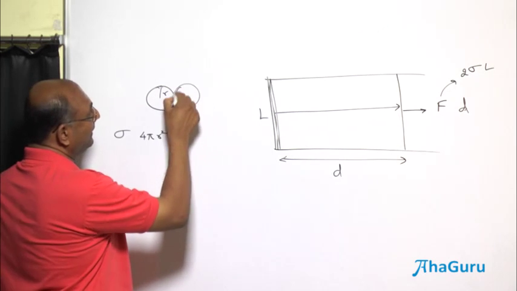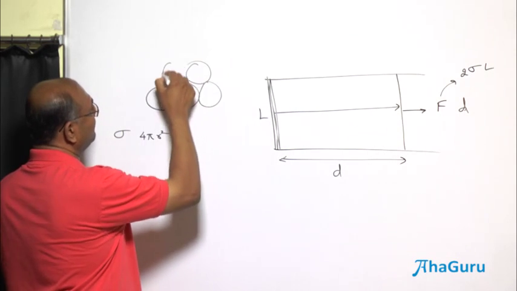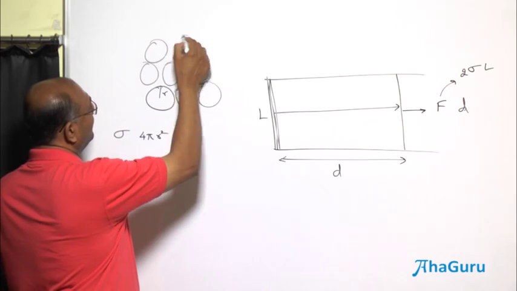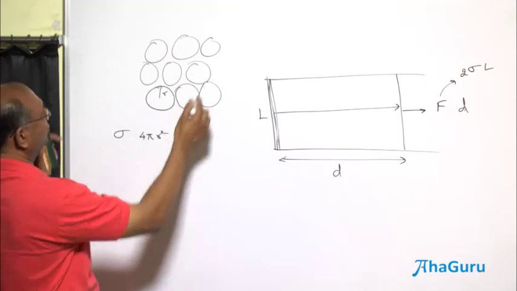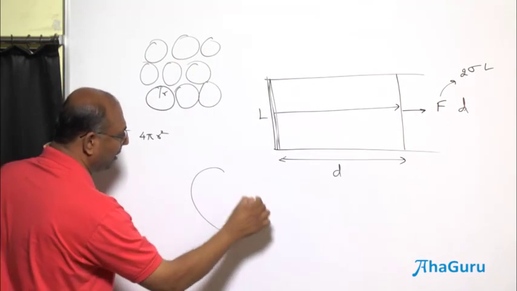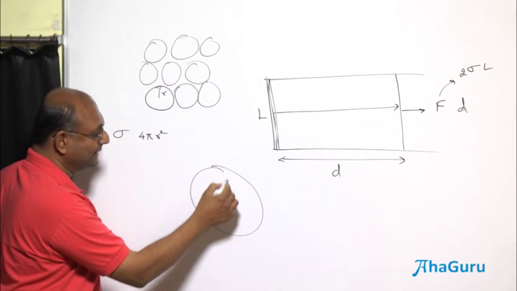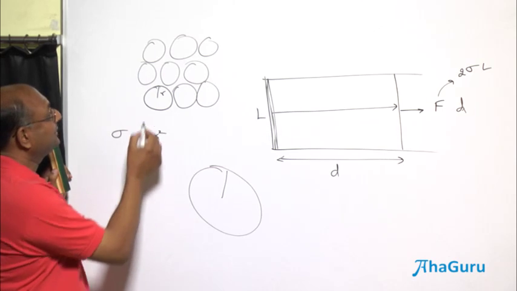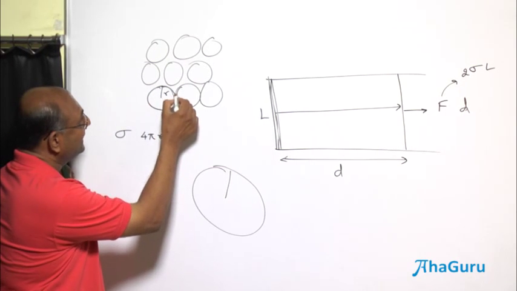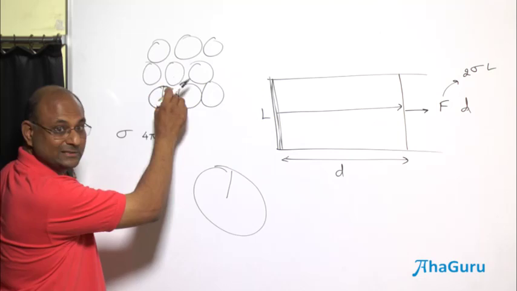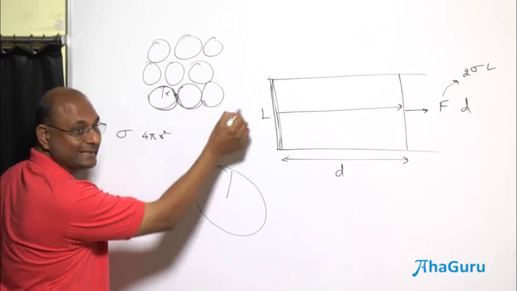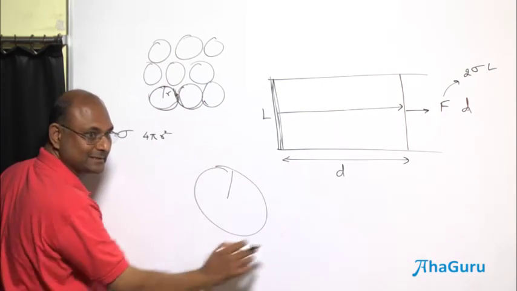Suppose I had 9 drops of water and they basically join up together to become a big blob of water. Now, do I have more surface or less surface? Less surface. You can see very clearly that this and that will basically vanish and you will end up with one surface like that.